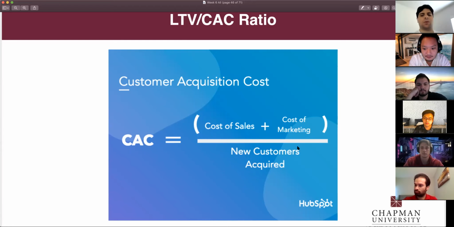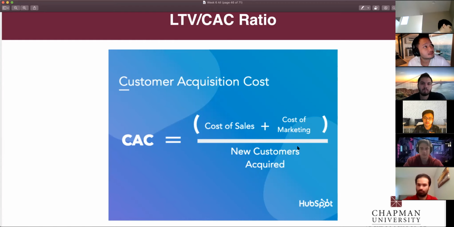What are some other examples of cost of marketing? Would research and research groups be in there? R&D. Yeah, it could.